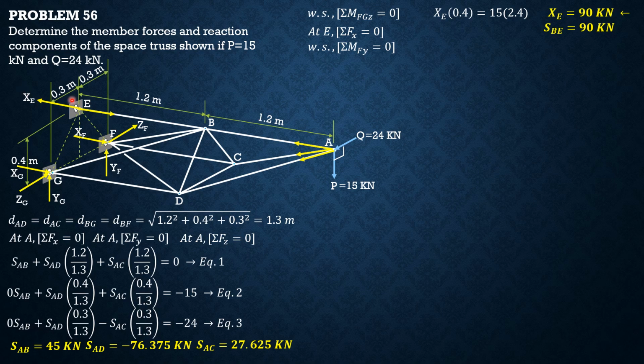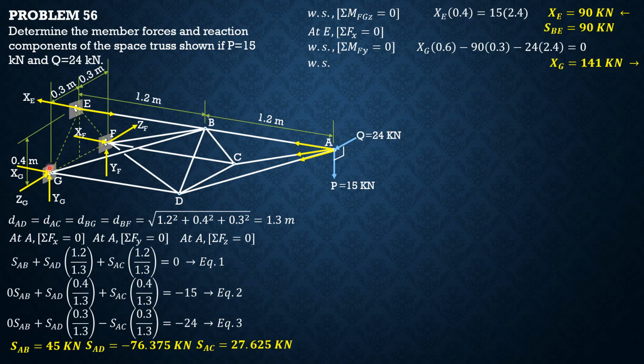Then Xe is negative, 24 is negative. So Xg times 0.6 minus 90 times 0.3 minus 24 times 2.4 equals 0. So take note, this is the axis. So X sub G is equal to 141 kilonewtons rightward.